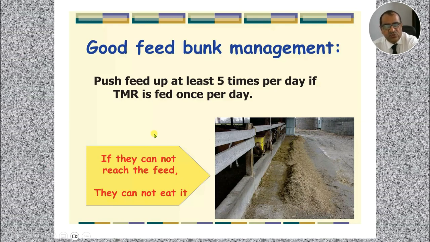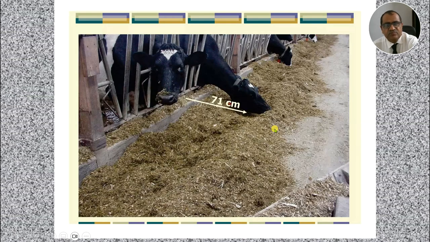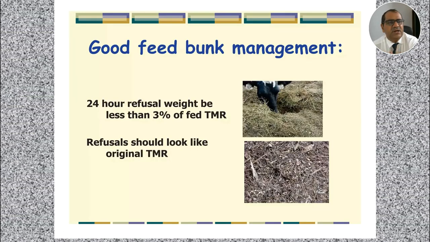So this also has to be taken into consideration. Whenever the animal accesses the feed, it should not be more than 70 centimeters. See here, the cow is stretching its neck to eat and it is going far away. Then good feed bunk management: 24 hour refusal feed should be less than 3% of the TMR fed.